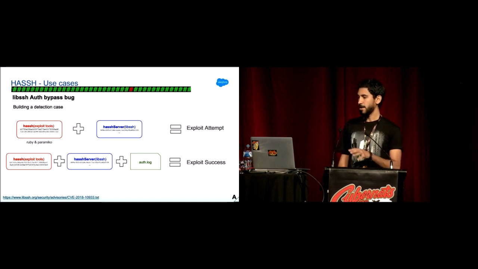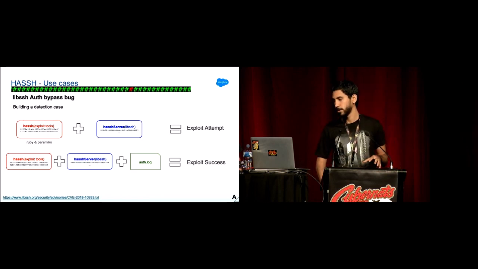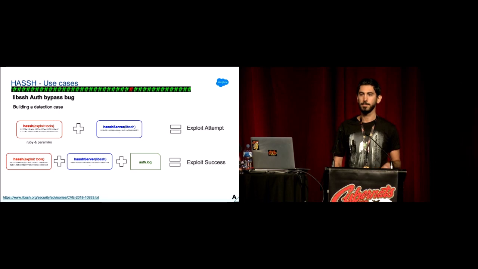And if we have the hash of vulnerable libSSH servers, combining these two together, we can find exploit attempts. What if we have the authentication logs as well? If we add that, we can find the successful exploit attempts, and that would be interesting.